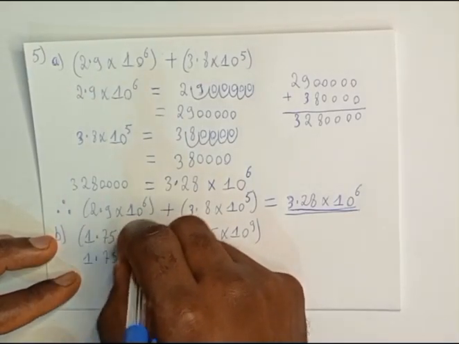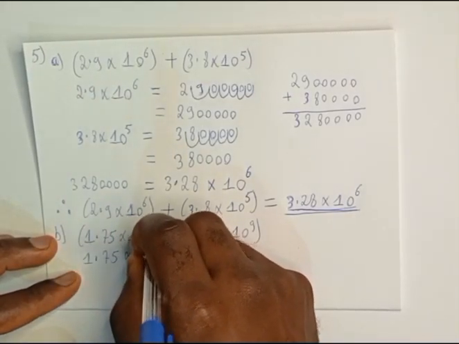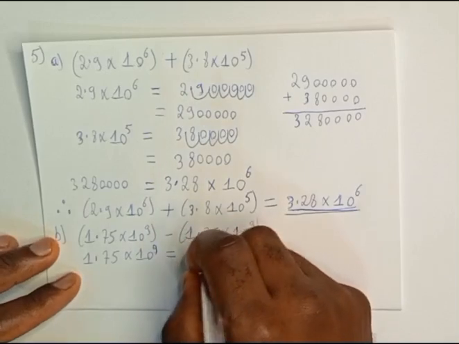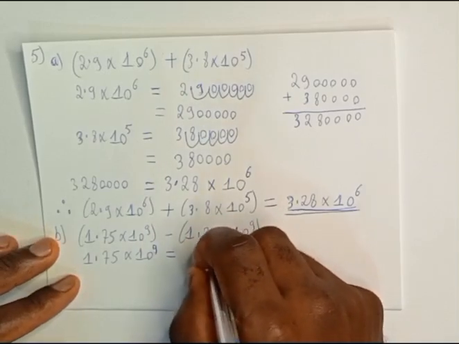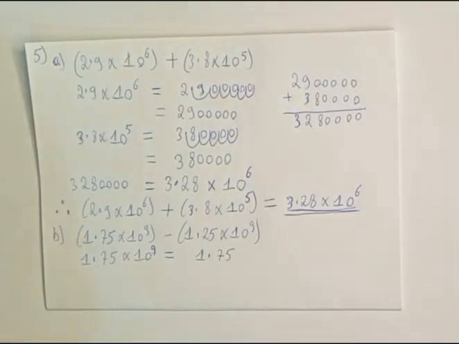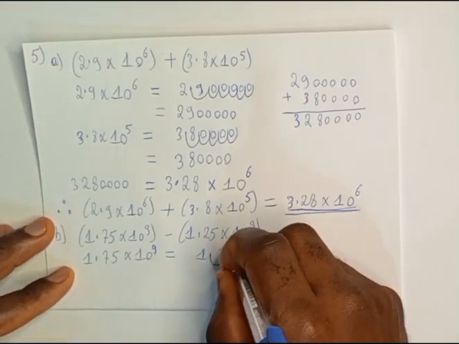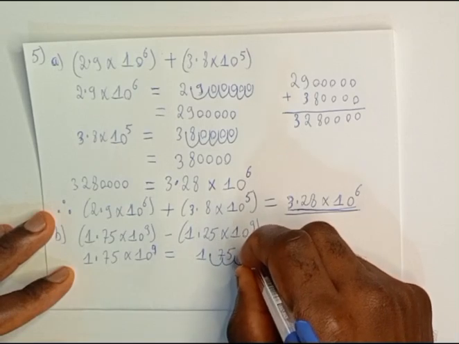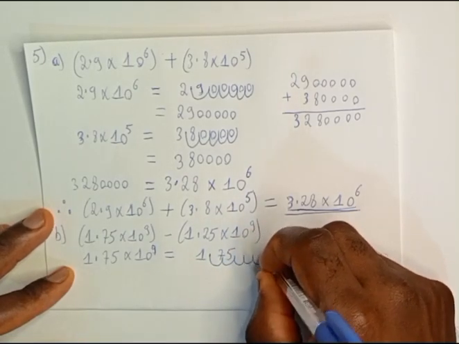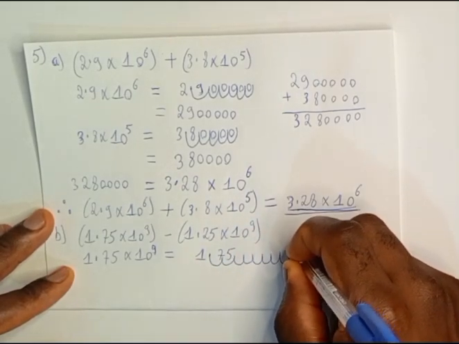1.75 times 10 to the power 9 is simply equal to 1.75. Then we take the decimal point 9 places to the right. Since the power is positive, we take it 1, 2, 3, 4, 5, 6, 7, 8, 9.